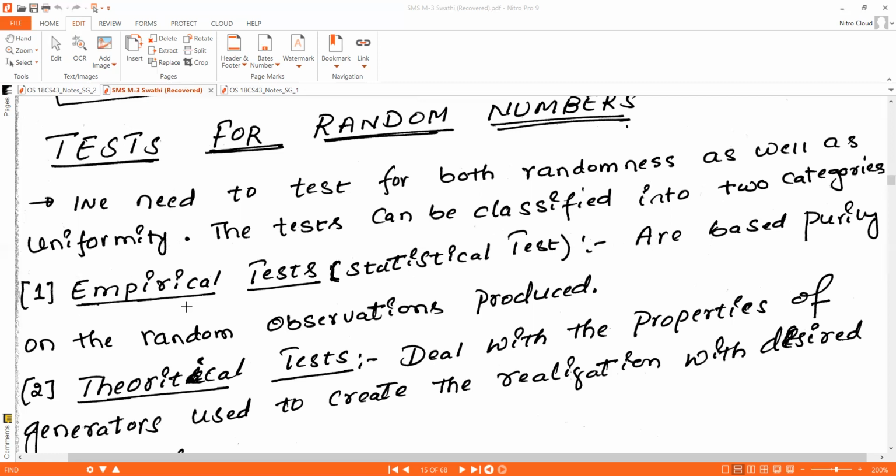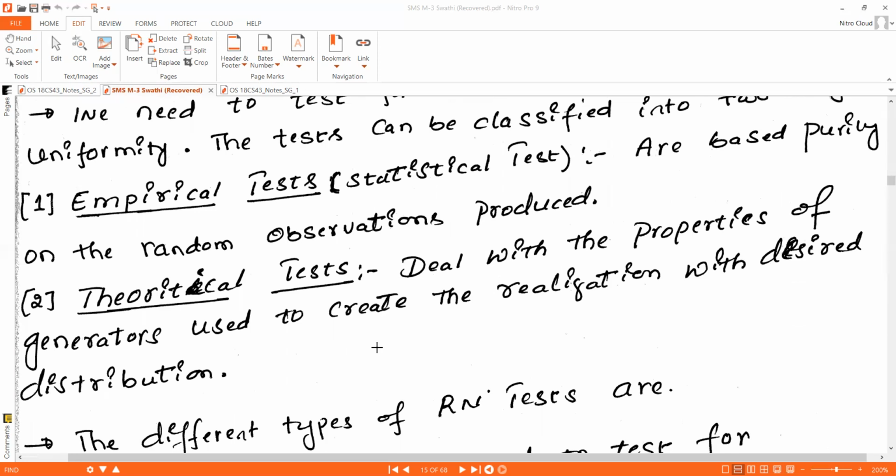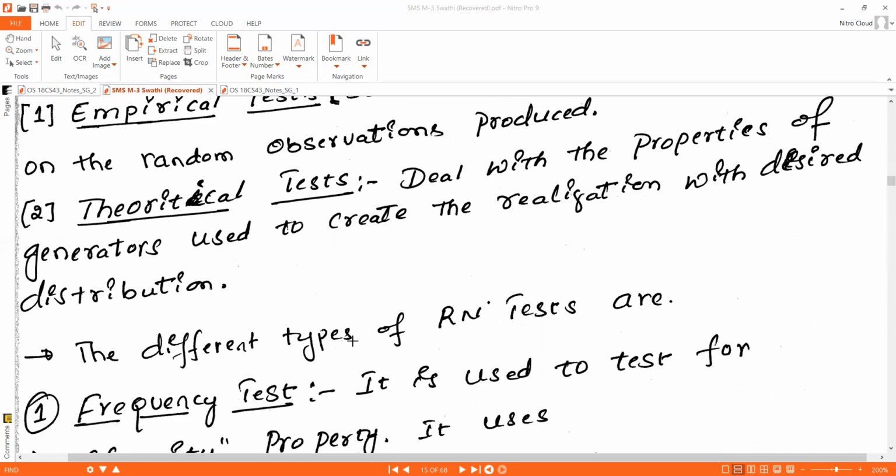Theoretical tests deal with the properties of generators used to create the realization with the desired distribution.